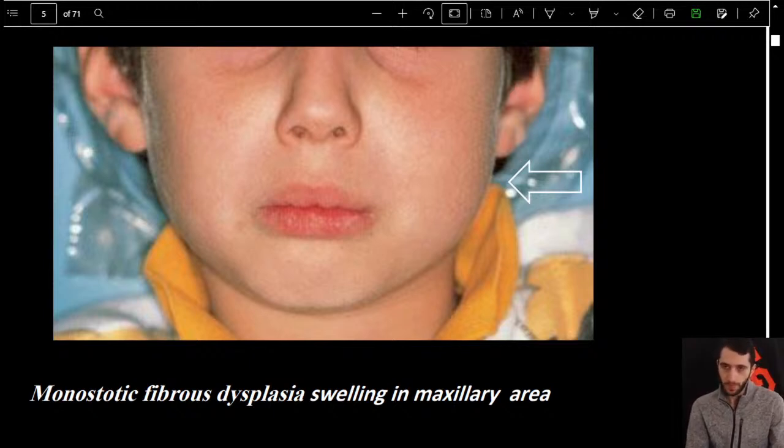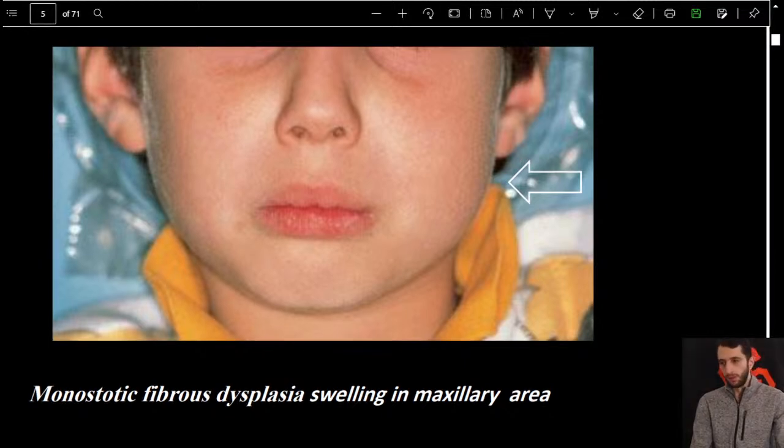Monostotic dysplasia affecting the maxillary area, as we can see here. There is an effect on the maxillary area, causing a small swelling.